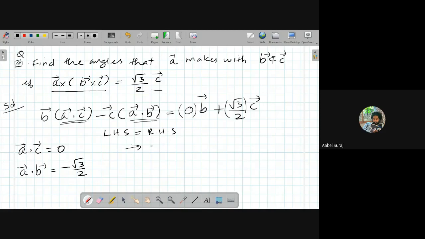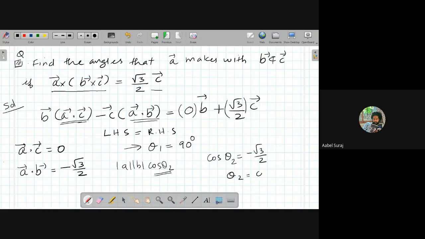Okay, so here you will get theta 1, let's say this angle theta 1, is equal to 90 degree. From here, the other angle: modulus of A into modulus of B into cos theta 2. If you are getting cos theta 2 equal to minus root 3 by 2, then what is theta 2?